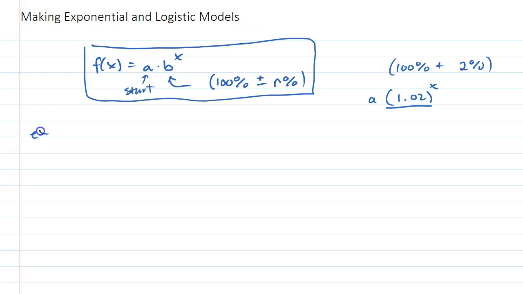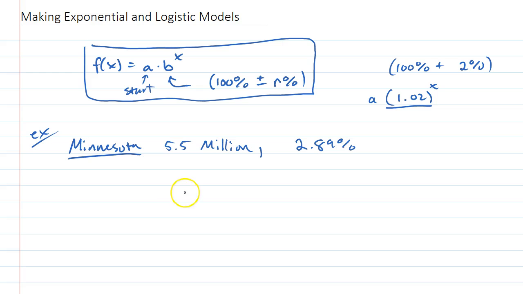So, for example, in Minnesota in 2014, I believe, we had 5.5 million people. Now we kind of did this example yesterday. We had 5.5 million, and as far as Google can tell us, the growth rate is actually 2.89%. So to really quickly get a model for this, all we have to do is write f of x, and then the start value is going to be 5.5, and that is our a.